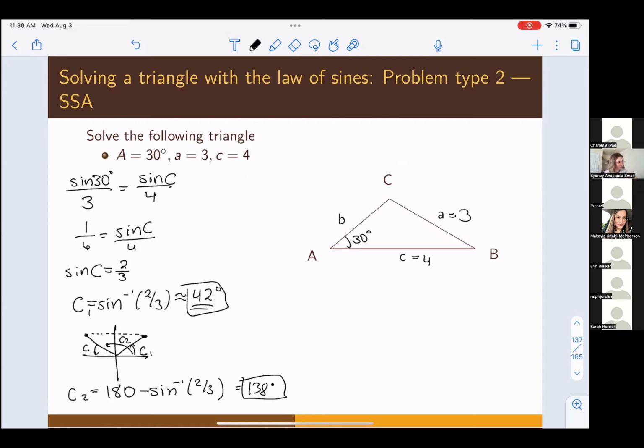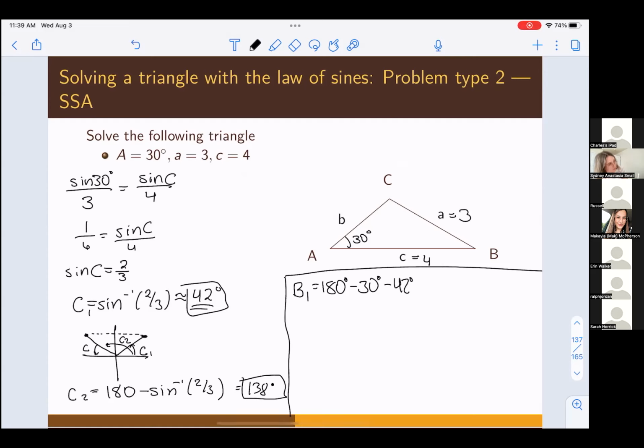But let's just keep going, solve our two different potential triangles. So I now have my angle C. What do I do with it? Well, I can use that to solve for angle B because I know angle A and angle C. But there's going to be two different potential measures for angle B because I have two different potential measures for angle C. Let's call them B1 and B2. So B1 is equal to 180 degrees minus 30 degrees minus 42 degrees.